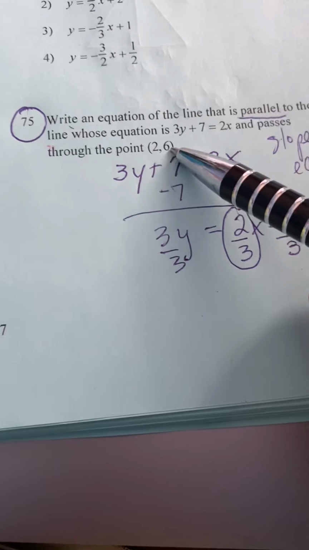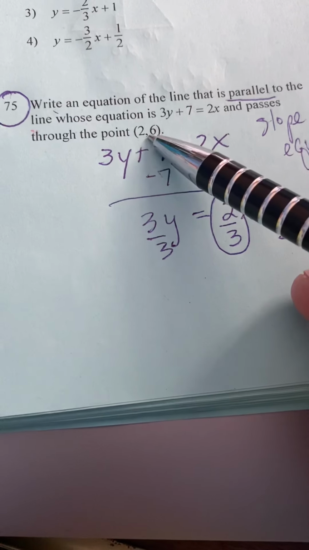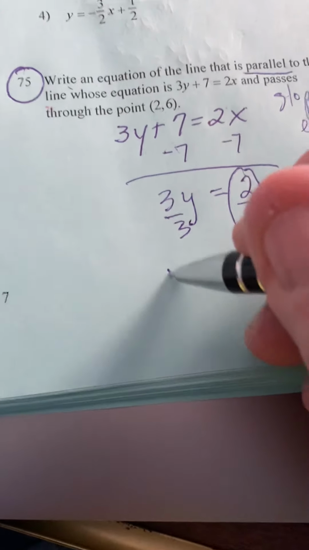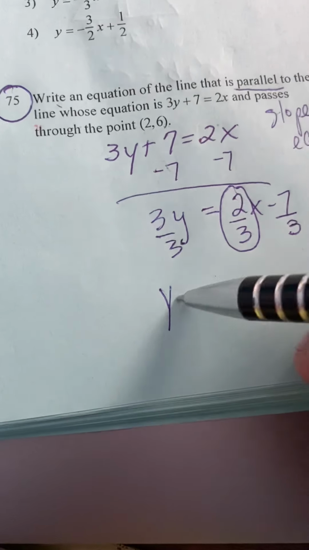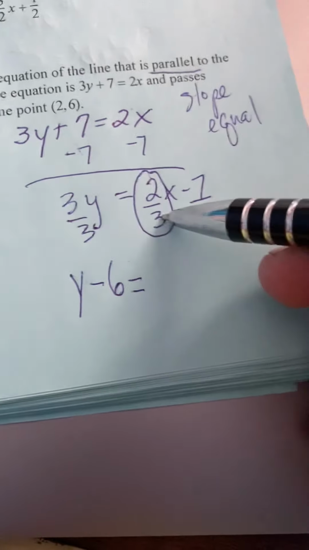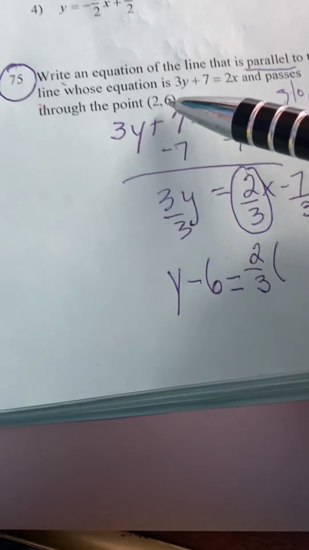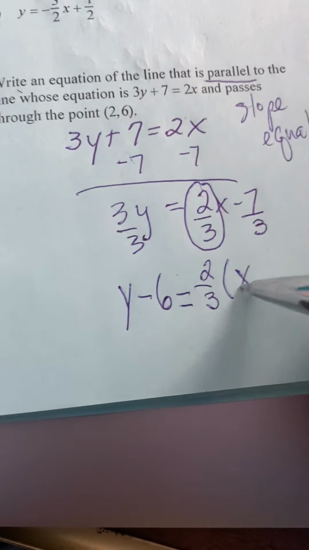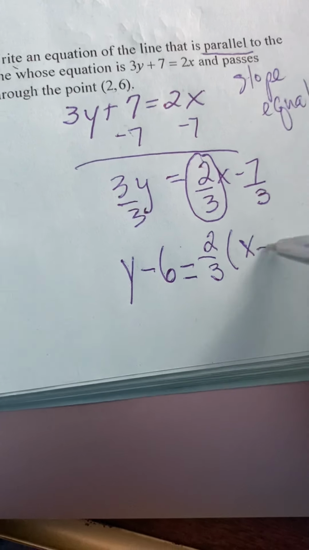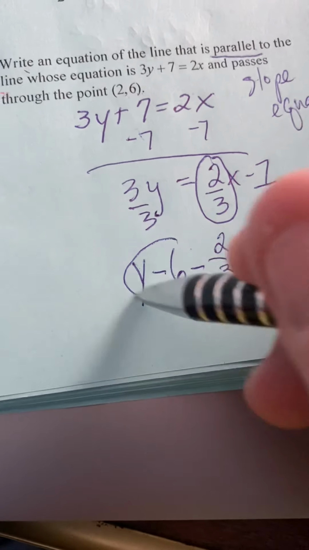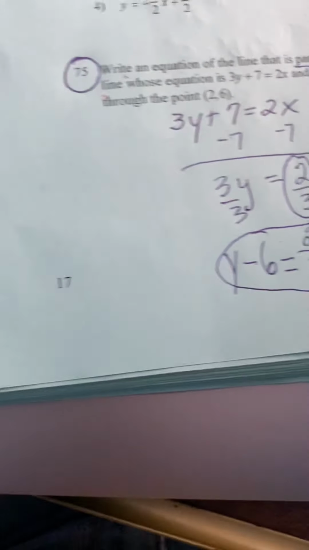So remember, we take the opposite. So if these are both positive, I want to write a minus. So it's going to be y minus 6 equals, I take the slope, 2/3 parenthesis, x, and because x is positive, I want to write minus 2. And that is your answer for number 75.